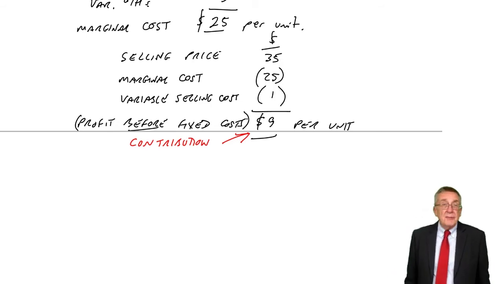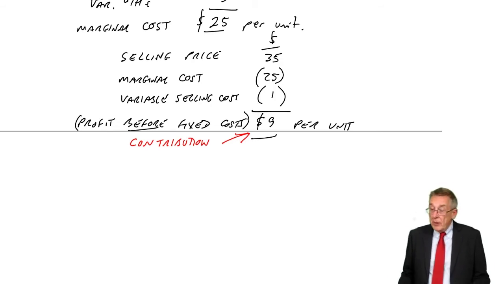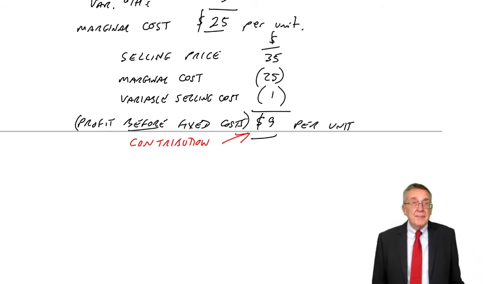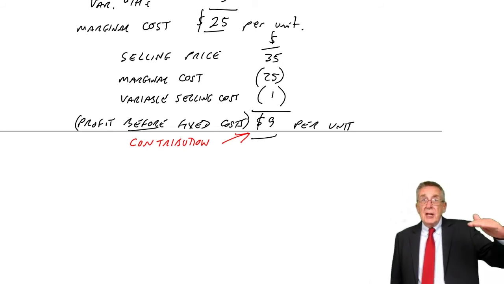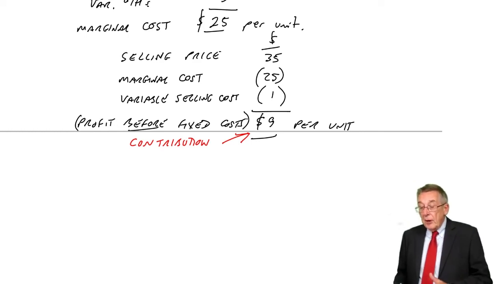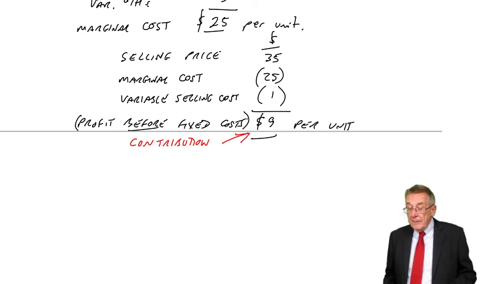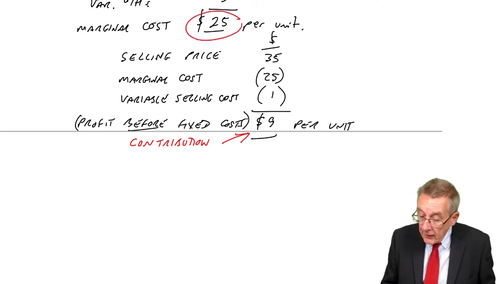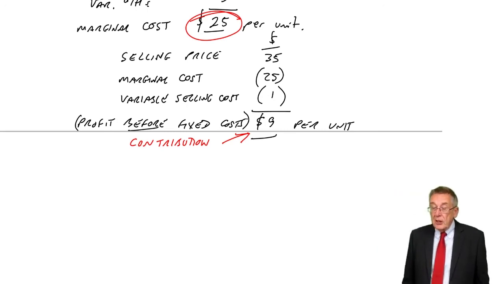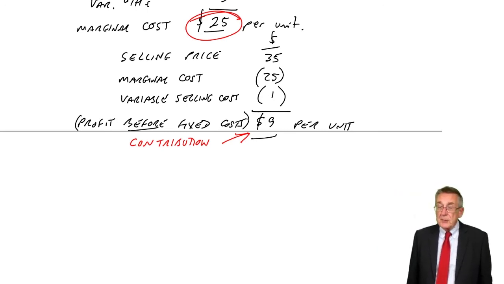Obviously, there are fixed costs. The final profit will need to bring them in, and we will. But you must learn the word contribution: the selling price less all variable costs, or the profit before charging any fixed costs. But also appreciate the marginal cost is the variable production cost per unit, in this case 25.